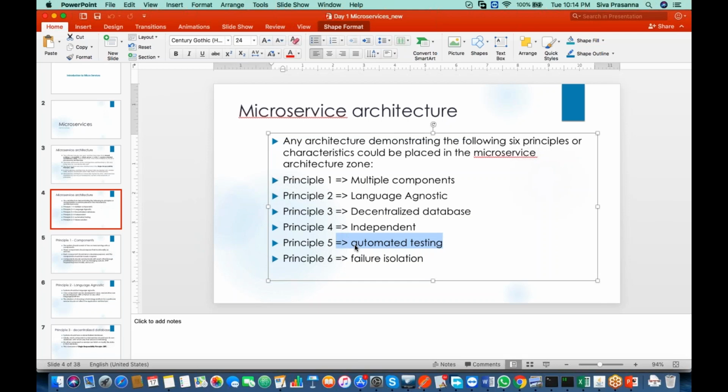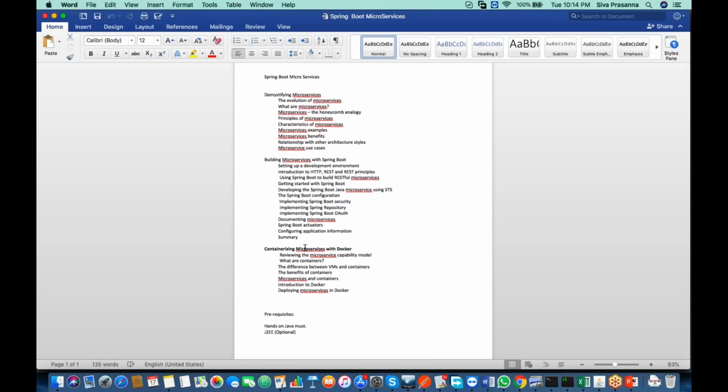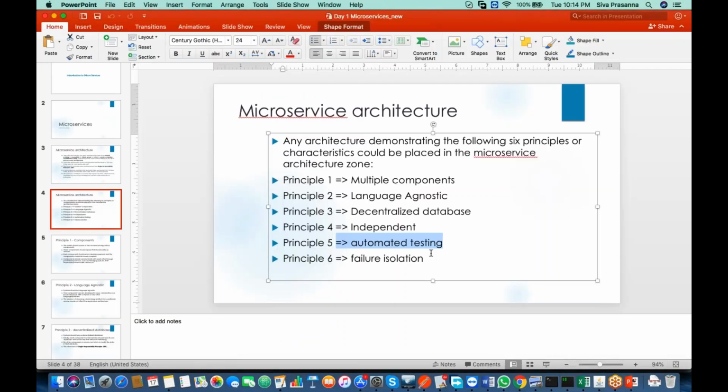Even though I have not explicitly mentioned testing as a topic, it would be there. We will definitely cover those aspects because it's not a special topic. It's expected to be part of the implicit Spring Boot definition of a service itself. That's the reason why I have not explicitly mentioned it, but it will be covered. So there will be automated testing.